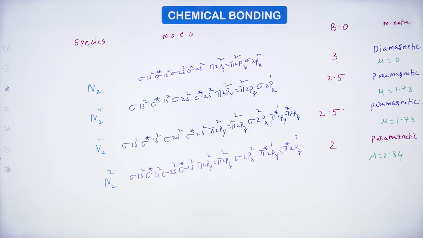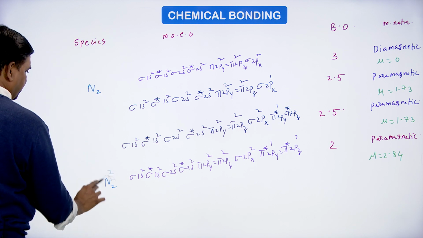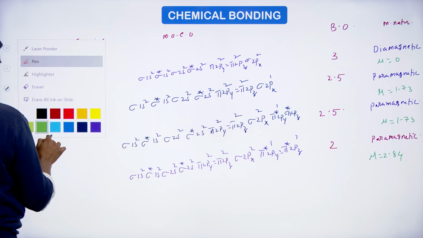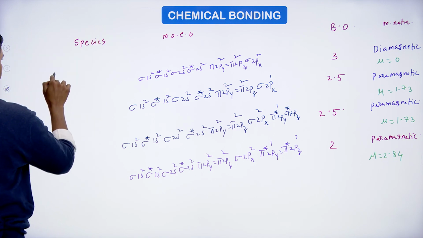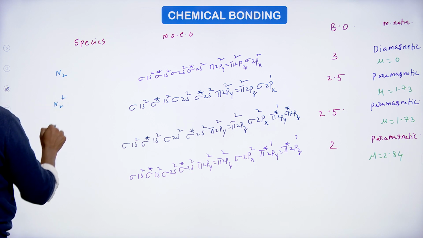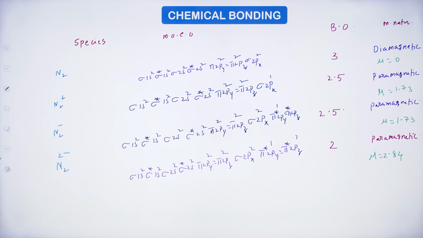And this is the very important table related to the nitrogen species: N2, N2 plus, N2 minus, N2 2 minus.